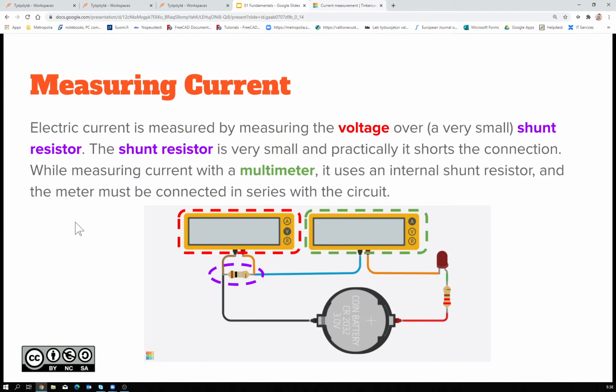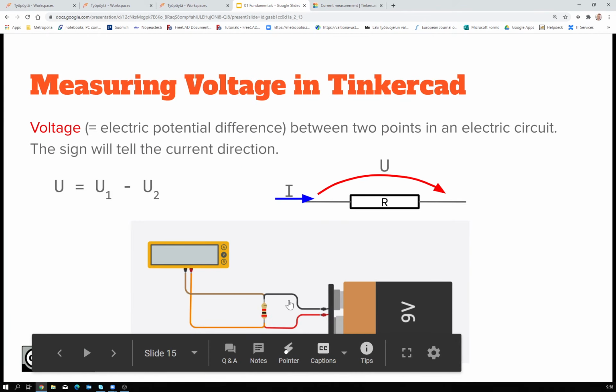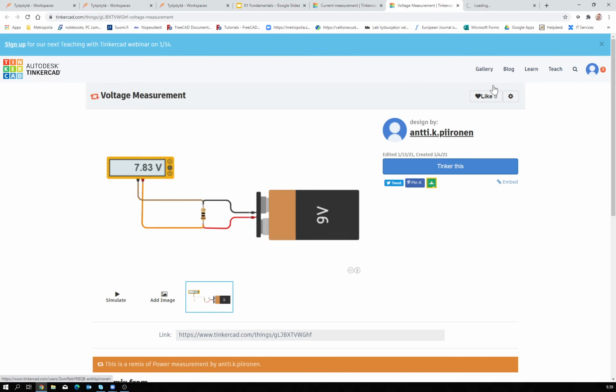But let's take a quick look at this one, the way you should never measure the current. Here I was measuring the voltage.